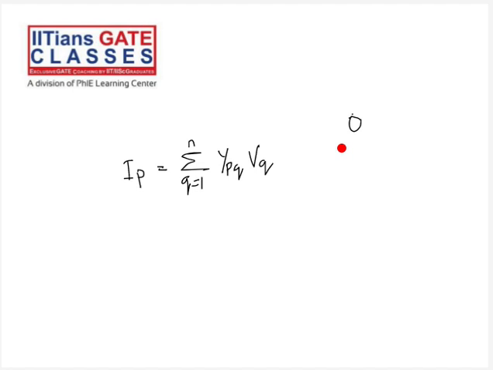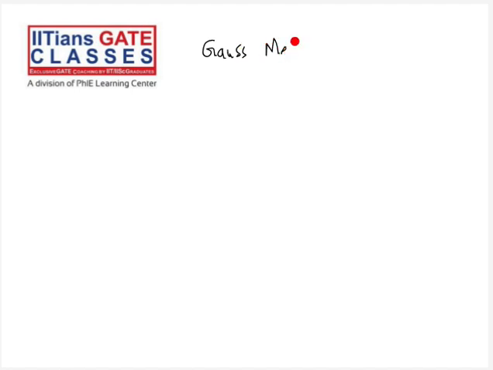It looks very simple and straightforward, but we are looking at a set of non-linear equations. And usually to solve a set of non-linear equations, we tend to use iterative methods, right? So the first method that we are going to look at is the very famous Gauss method, right?